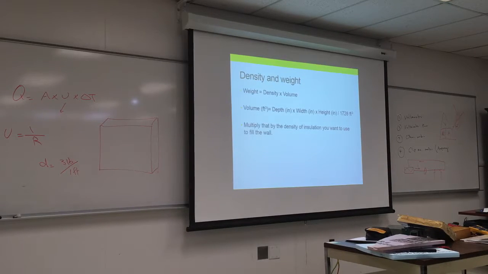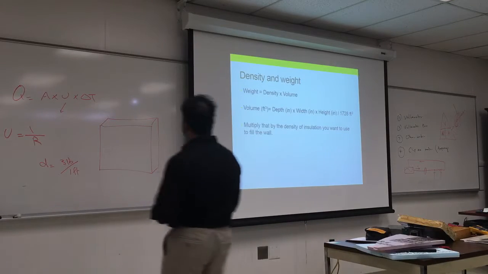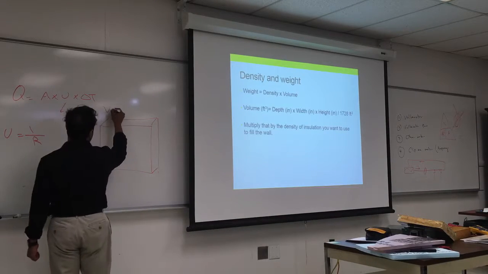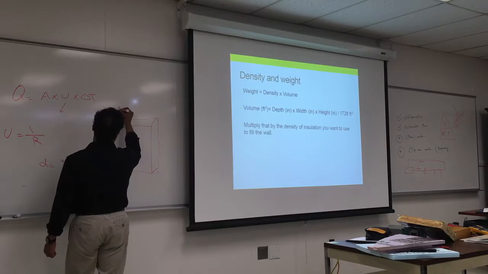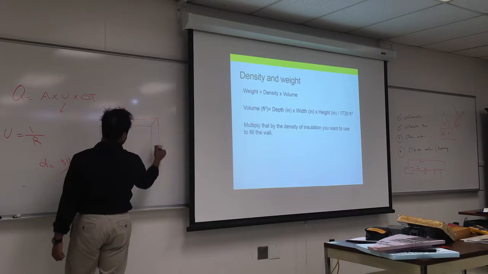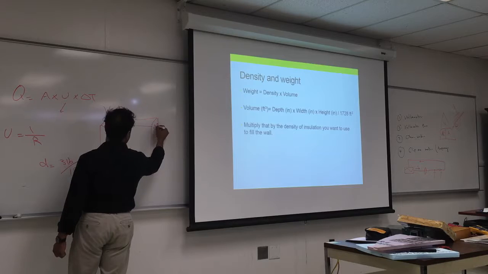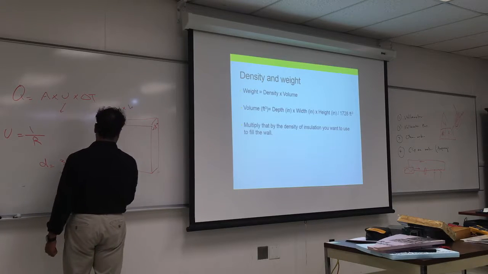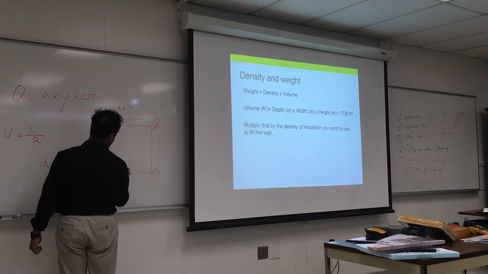Because what Connor was saying before, if I have a spray can of insulation that says R8, I have to know R8, how much thickness per inch. So I have to calculate this volume. Volume equals depth times height and width.